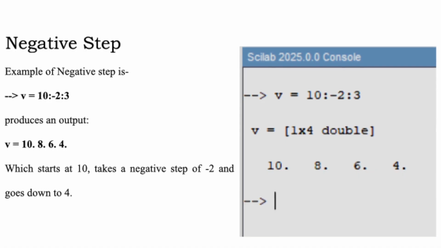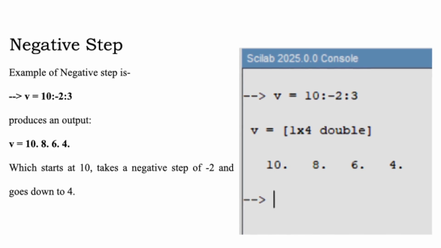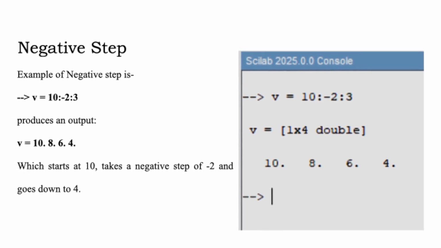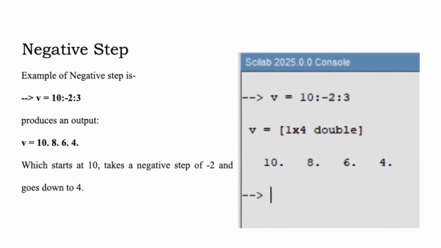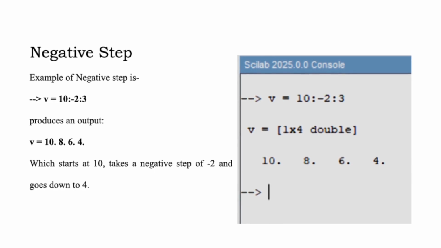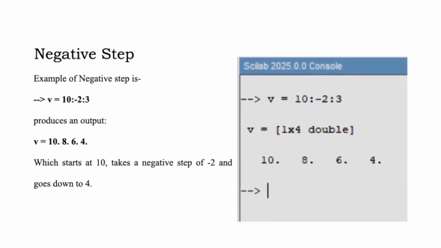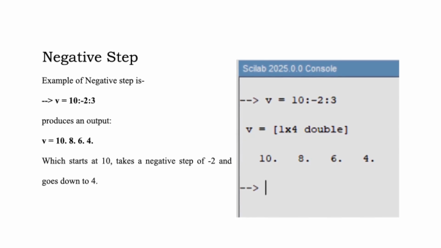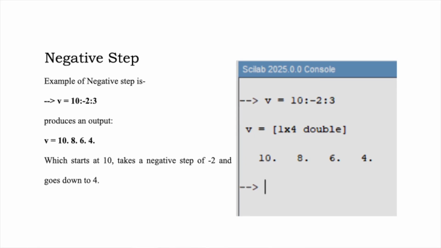Negative step. An example of a negative step is V = 10:-2:3, which produces an output V = 10, 8, 6 and 4, which starts at 10, takes a negative step of minus 2 and goes down to 4.